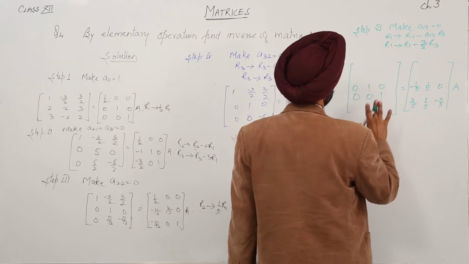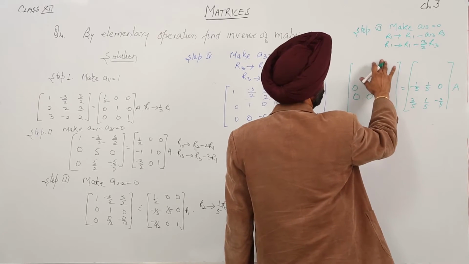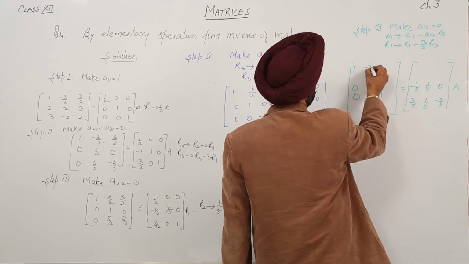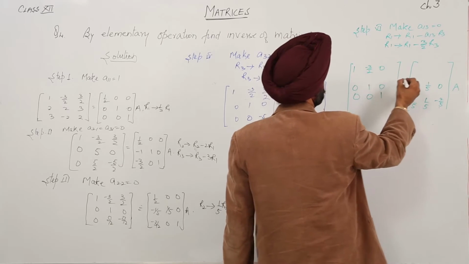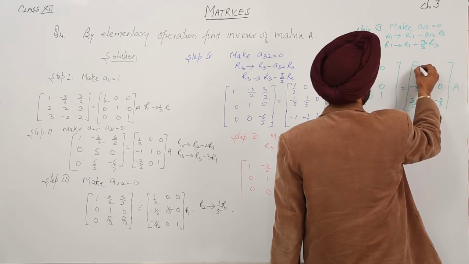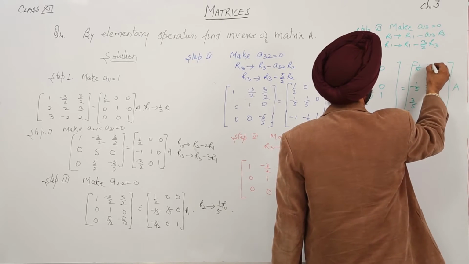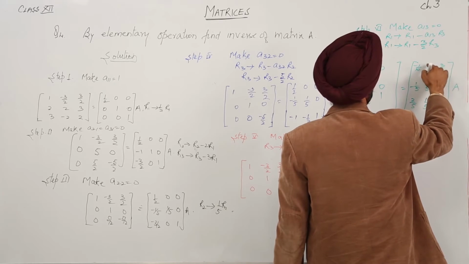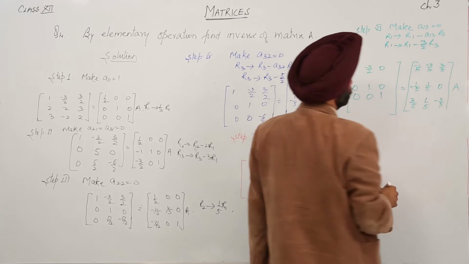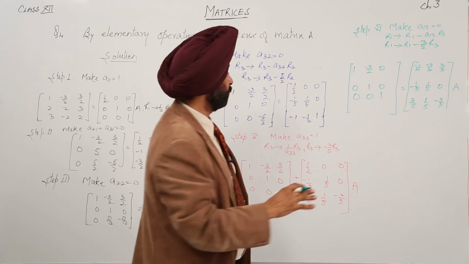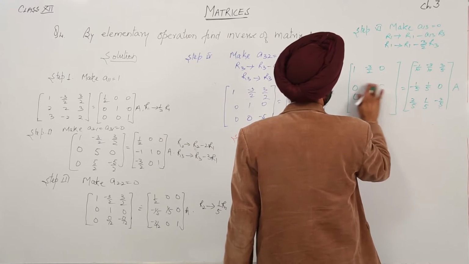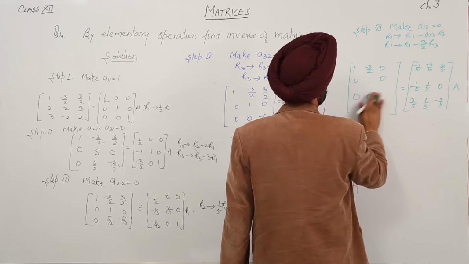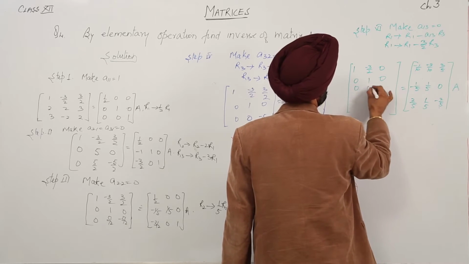When row 1 is changed, it will become 1, minus 3 by 2, 0. Similarly this side it will be minus 1 by 10, minus 3 by 10 and 3 by 5. After calculation we get this part. So this becomes 0 1 0 and 0 0 1.